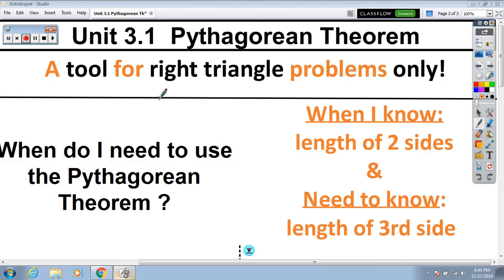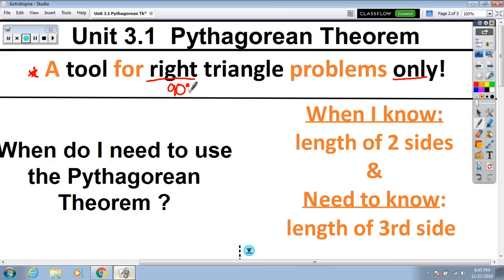Okay? Notice that it says the Pythagorean theorem is a tool that we can use for right triangle problems only. Well, right triangle means that we have to see the 90-degree angle. So one of the three angles in your triangles has to be a right angle, or 90 degrees.